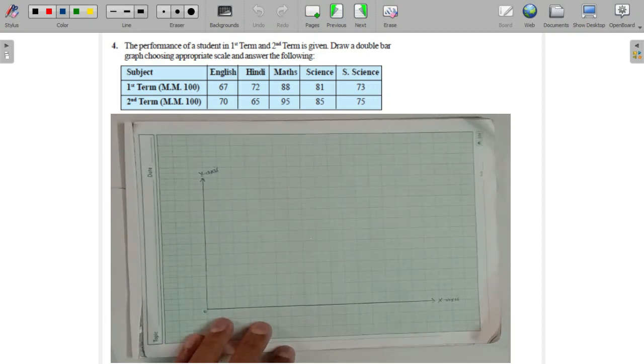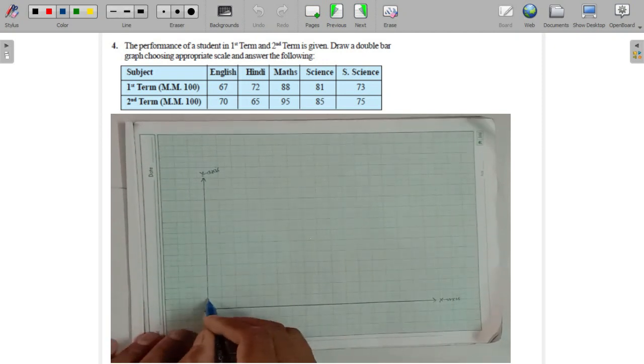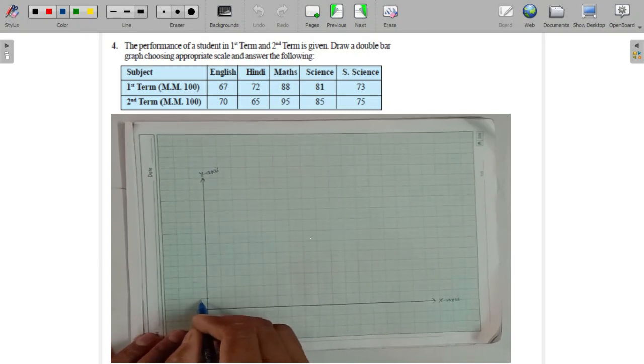Now you have to take a suitable scale. Take 1 unit equal to 10 marks. Here on y-axis, you have to take 1 unit equal to 10.